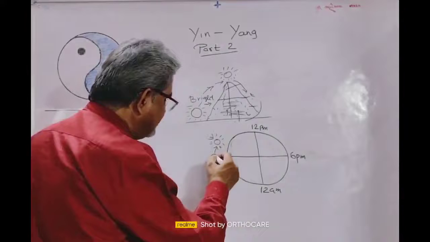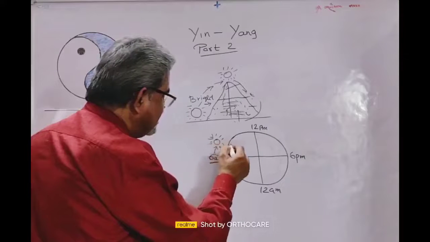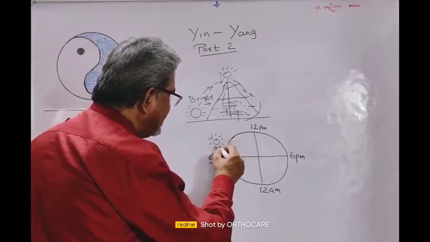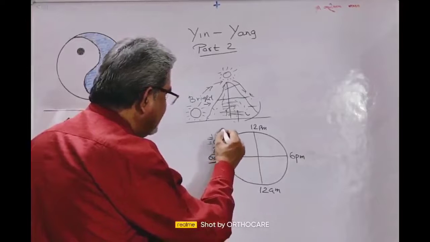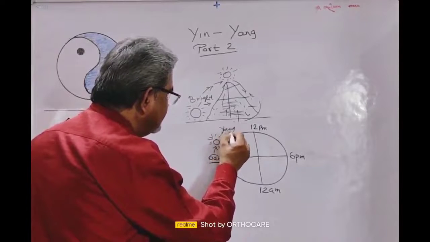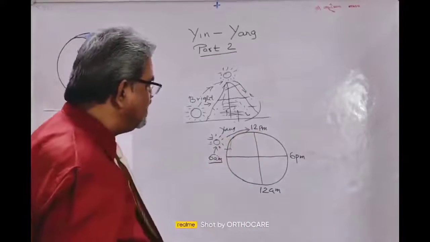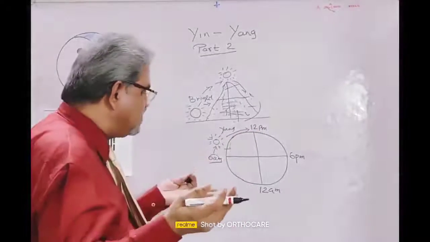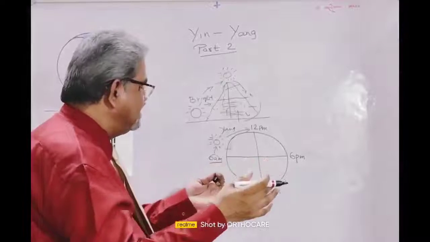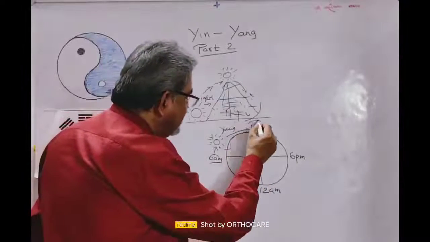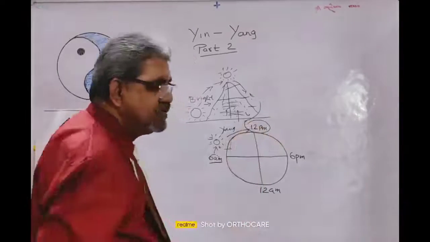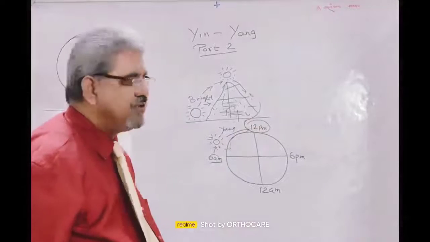At 6 a.m. the sun rises, so this part is said to be yang. When it reaches the top, the peak of the mountain or the peak of the earth, around 12 p.m., this 12 p.m. is said to be full yang.